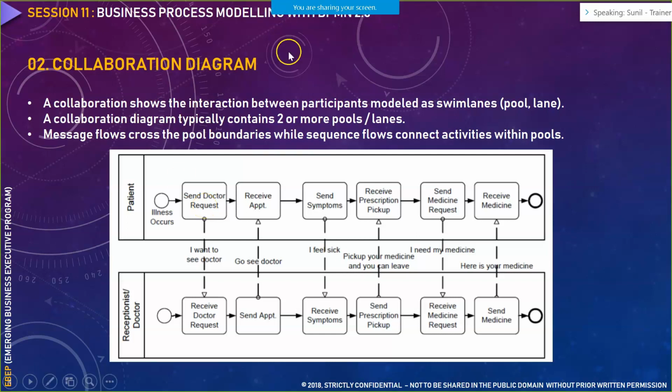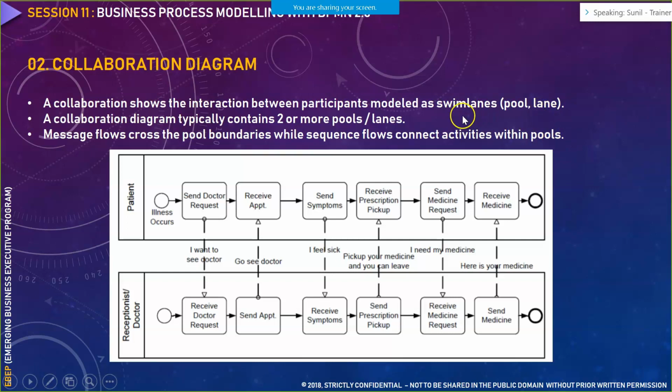This is just an example of only 2 swim lanes. There could be multiple other swim lanes as well, wherein three-way communication might be happening. In those cases also, the sent requests and received requests would be the same. Now swim lanes are sometimes also called pools or simply lanes.